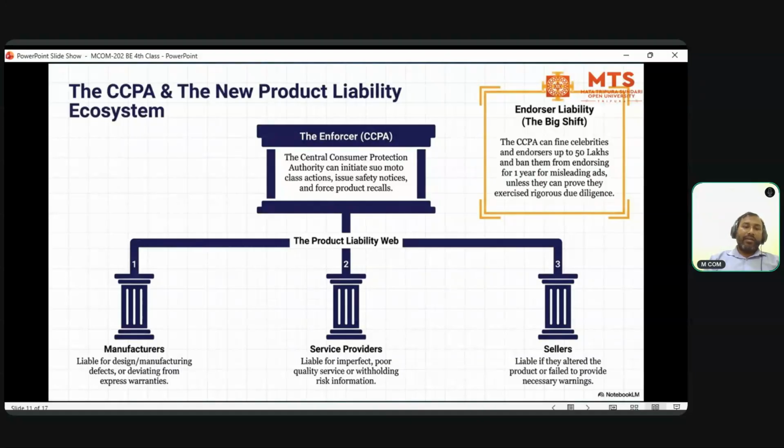Manufacturers are liable for design and manufacturing defects, or deviating from express warranties. Service providers are liable for imperfect, poor quality services or withholding risk information. Sellers are liable if they alter the product or fail to provide necessary warnings. Okay, these are the pillars and their liabilities.